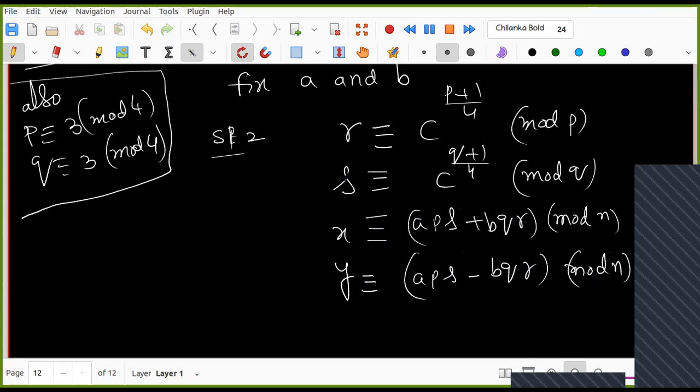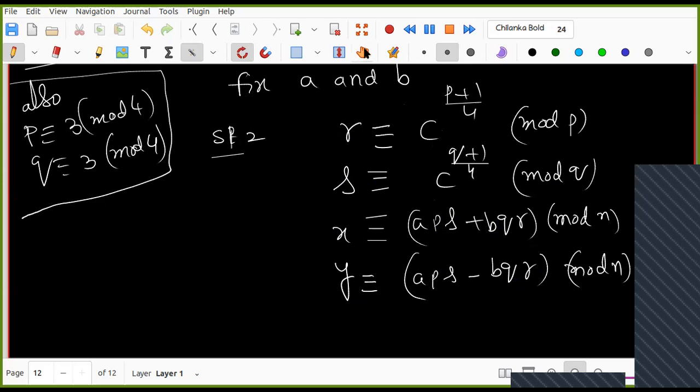So the interesting thing is, what are A and B? You know. What is C? You know. What are P and Q? You know. Once you have R and S, then I'm computing X and Y. That is also very simple: APS plus BQR, APS minus BQR. S is coming from Q, R is coming from P, but S is multiplied to P and R is multiplied to the Q part.